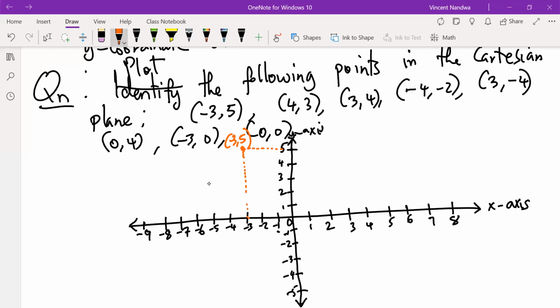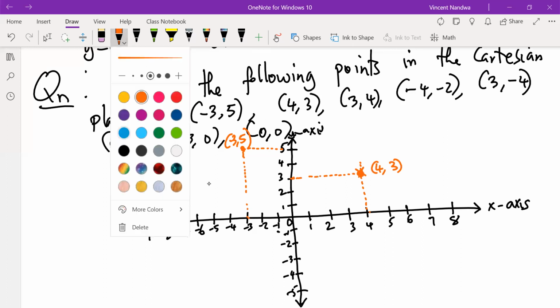Next is 4, 3. So you go 4 units along the x-axis, and then 3 is positive, so move vertically upwards 3 units parallel to the y-axis. Draw a dotted line. Where this horizontal line and this vertical line meet is the point 4, 3.